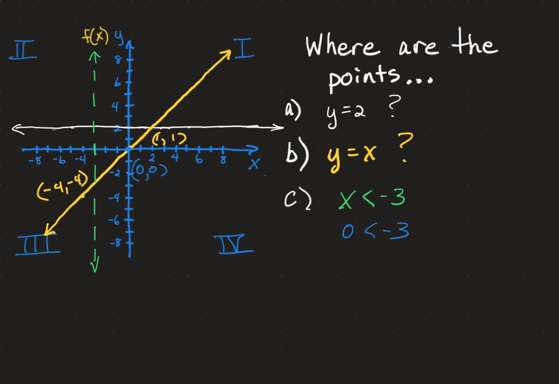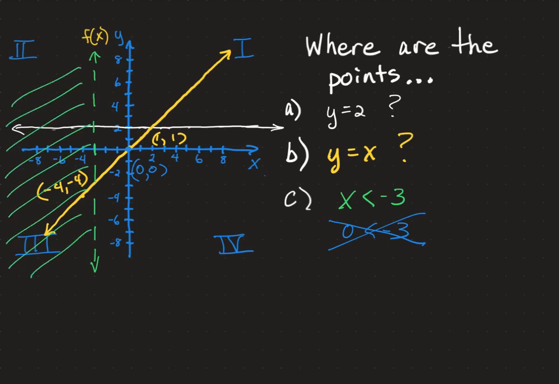Is 0 less than negative 3? No, it is not true. X is not less than negative 3 to the right of that green line. However, to the left of that green line, yes, x is less than negative 3. So that's how we would graph x is less than negative 3. That is a dotted line.